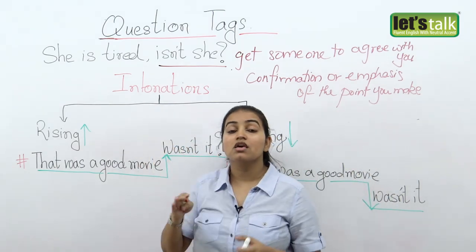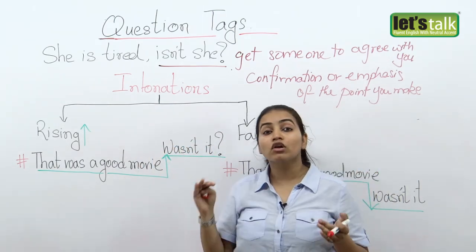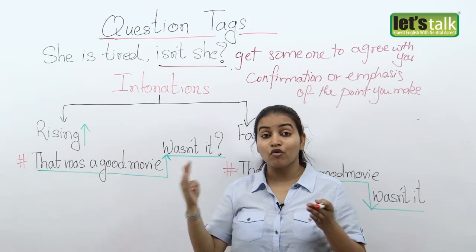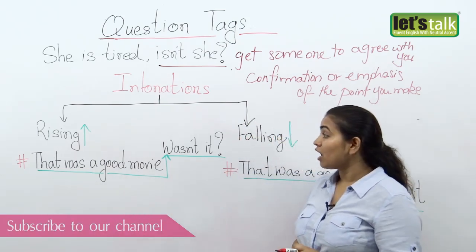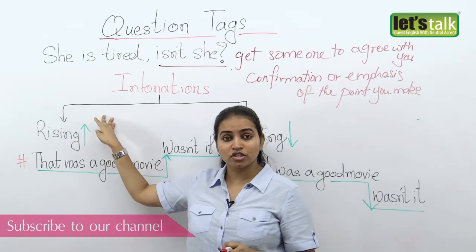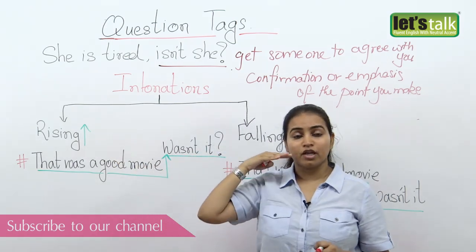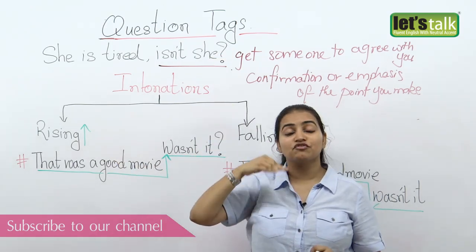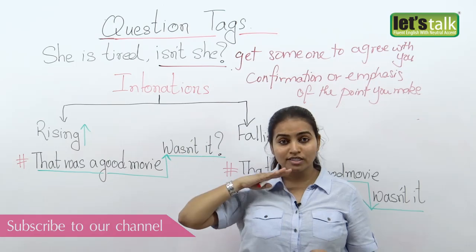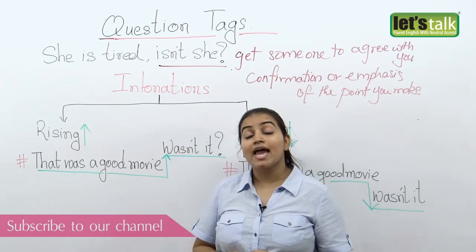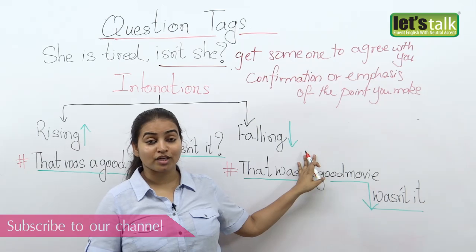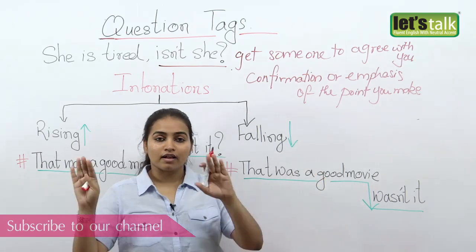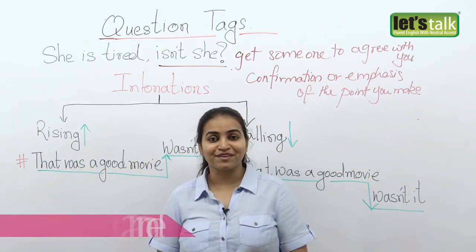Intonation is nothing but the rise and the fall in my voice, the rise and fall in the tone of my voice, in the pitch of my voice. So when I have a rising intonation, my voice just goes higher. The pitch of my voice, the tone of my voice increases. And when I indulge in what I call the falling intonation, I just come down a little bit, okay?